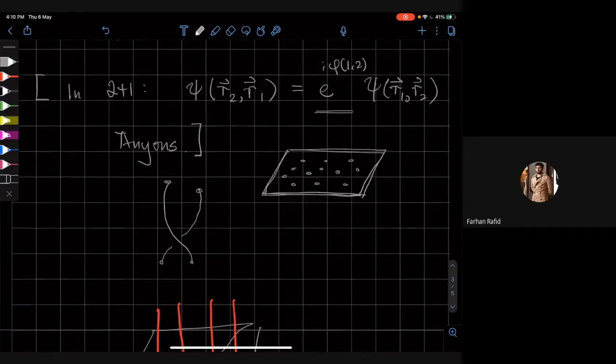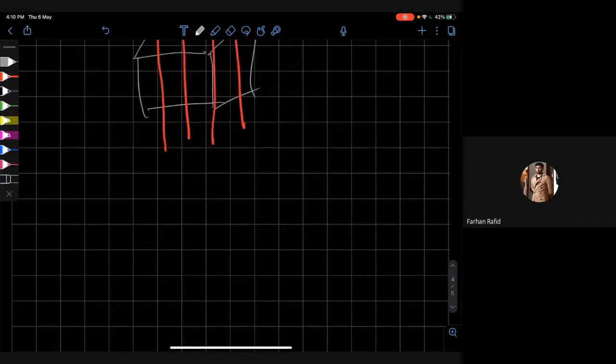Now, let me just do an example of symmetric and antisymmetric wave functions using qubits, okay? You've seen qubits, so let's imagine that we have two qubits. Qubit number 1 can be in state 0 or state 1.